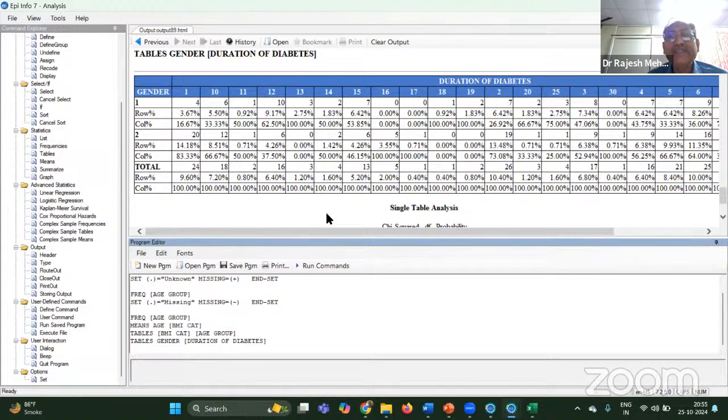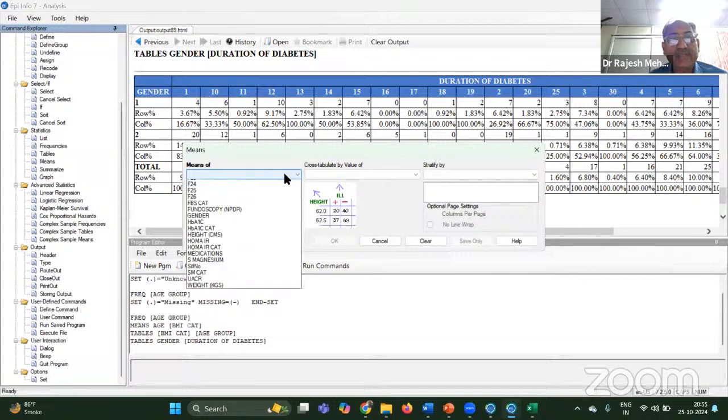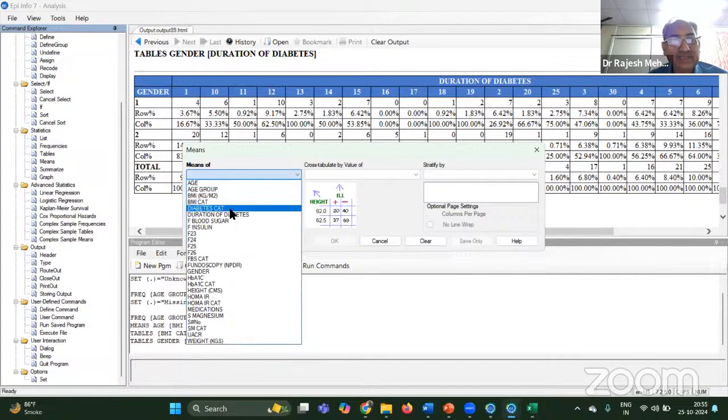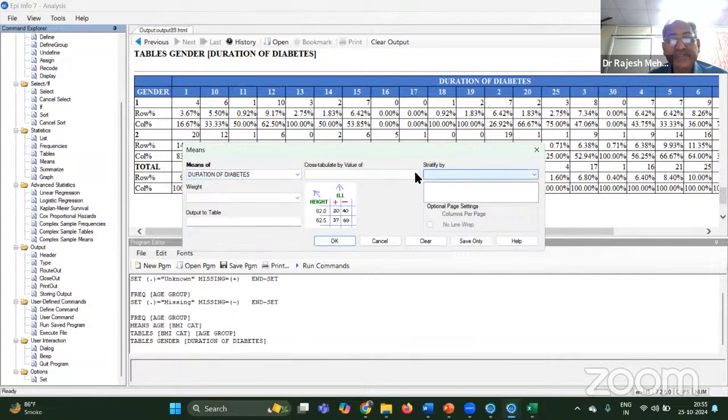Duration of diabetes is probably a continuous variable, so we should not use the table command; we should go for means. Right? Means of duration of diabetes versus gender.